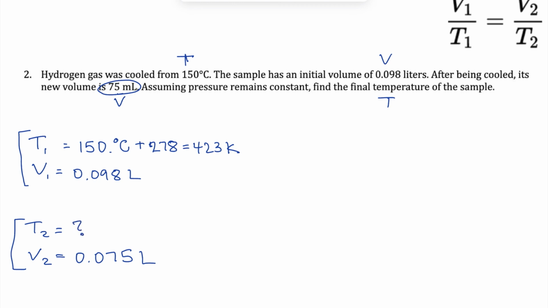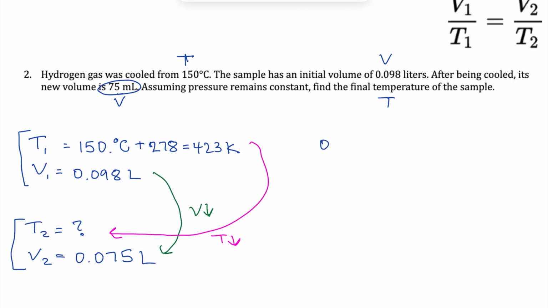So as I go through and plug those in, I can also consider my volume is going down, and because this is a direct relationship, we should assume that our temperature is going to go down as well. So let's plug these in.